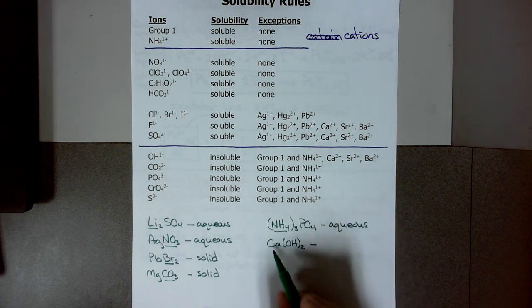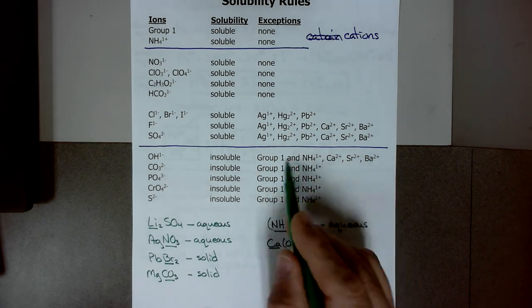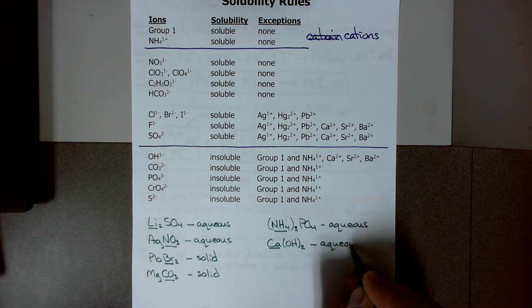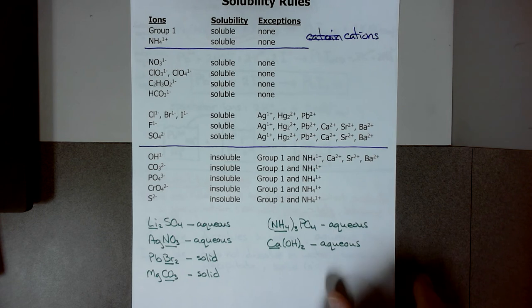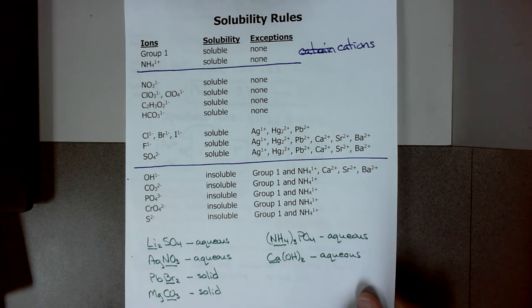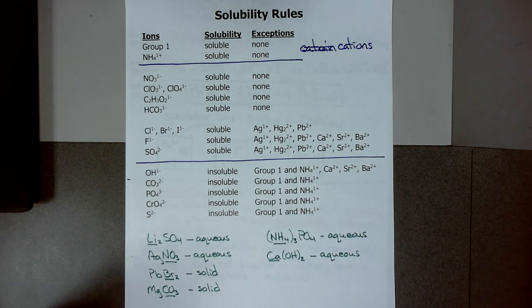Well, there's calcium, so that means this is the exception, and it would be soluble or aqueous. So that's how we go about deciding from the solubility rules. Now we're going to practice one more problem, and then that will be the end of the precipitation reaction video.